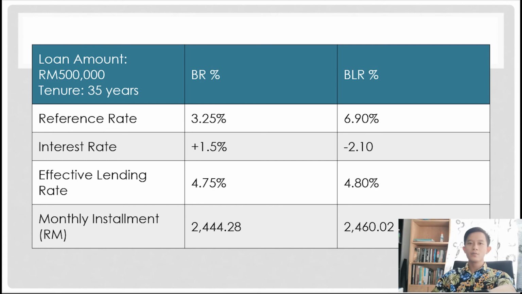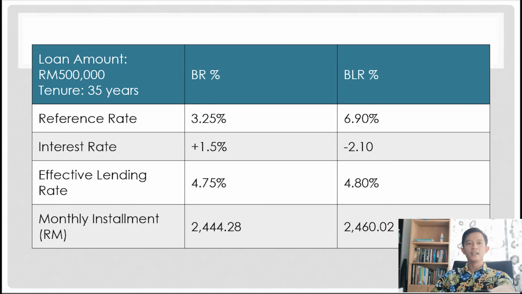So let's assume this bank provides an interest rate of 1.5% for bank rate, while on BLR, the bank gives a discount of 2.1% in interest rate. So that is the effective lending rate.